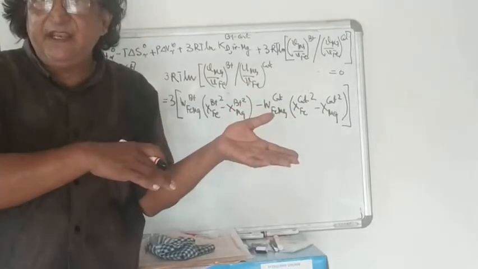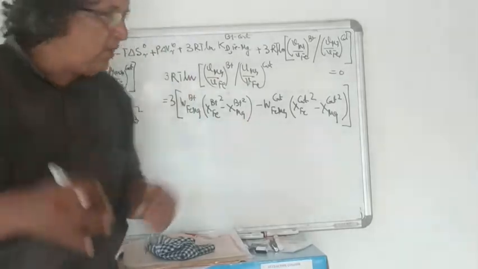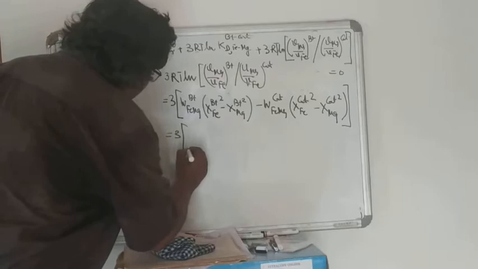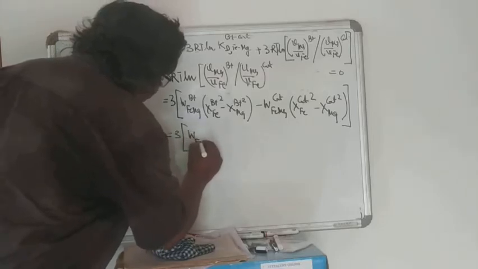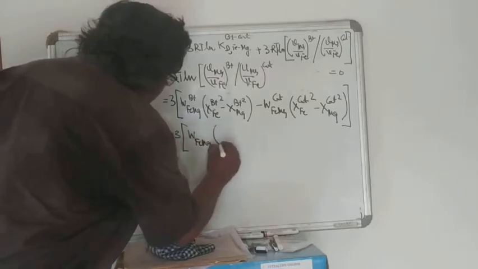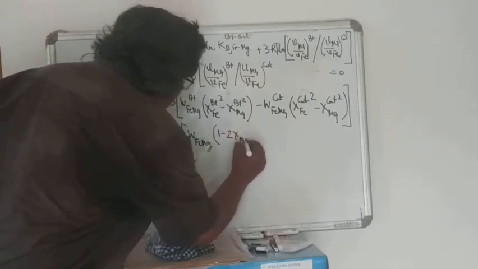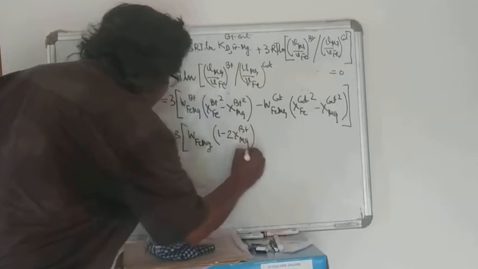So X_Fe plus X_Mg should be equal to 1. So therefore, this expression we could make W_FeMg into 1 minus 2X_Mg biotite.